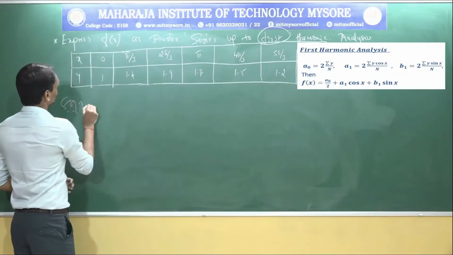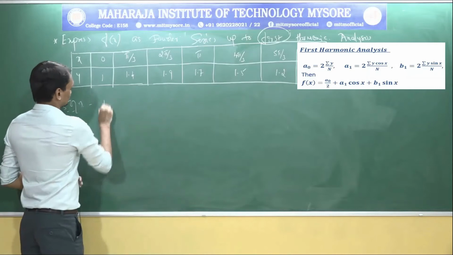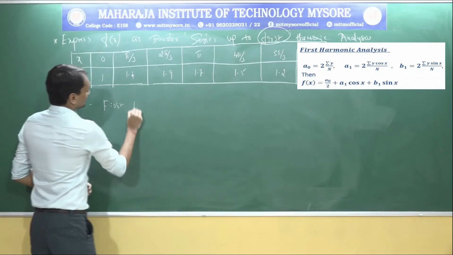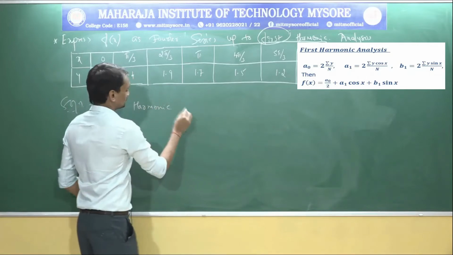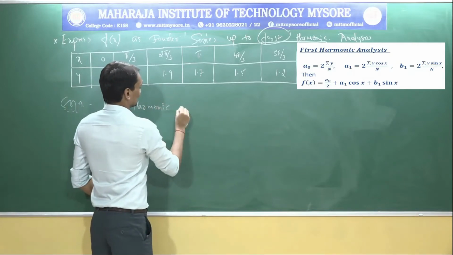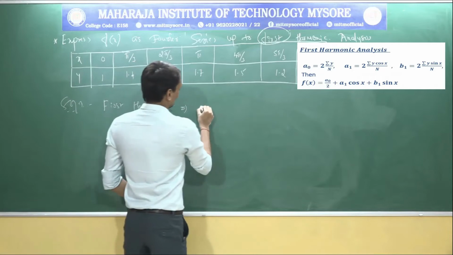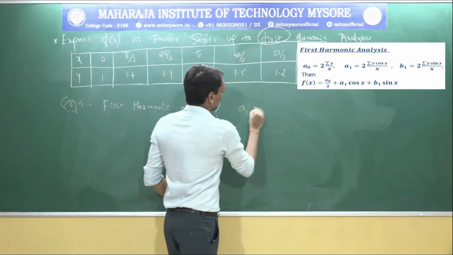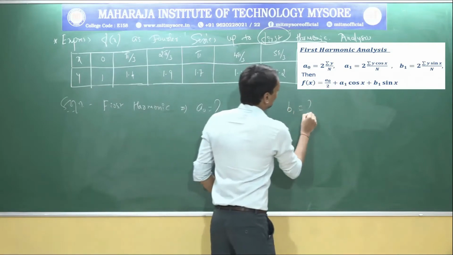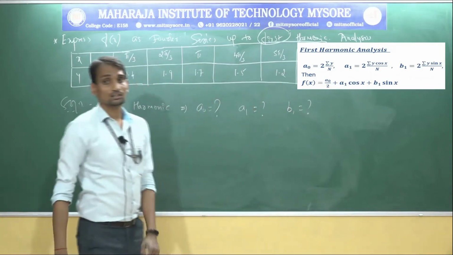I will write the solution. First harmonic implies a0, a1 and b1. These three values we should calculate.